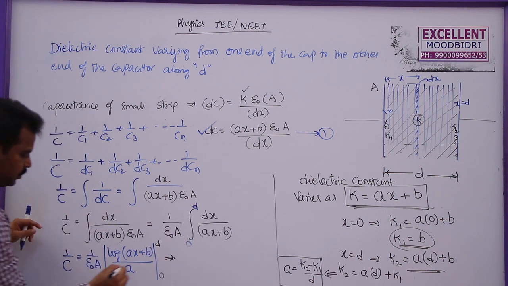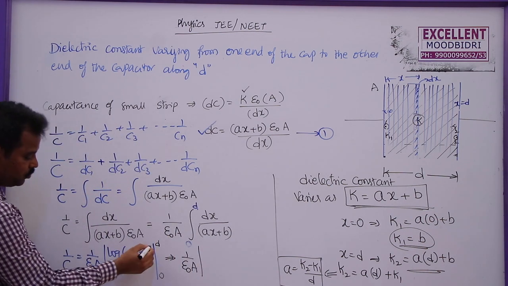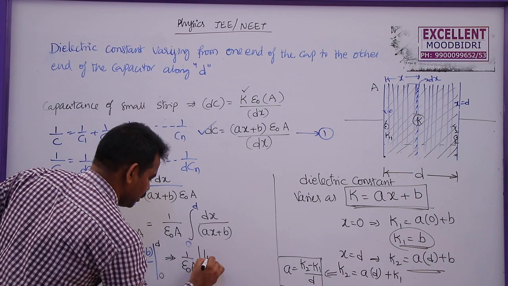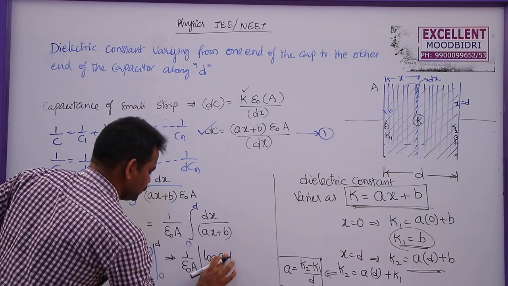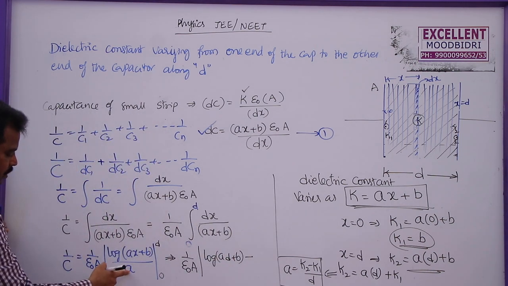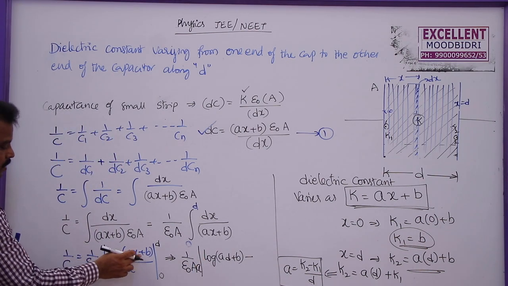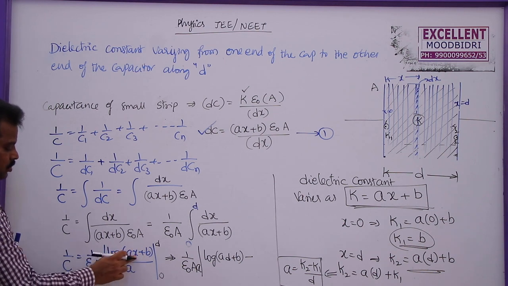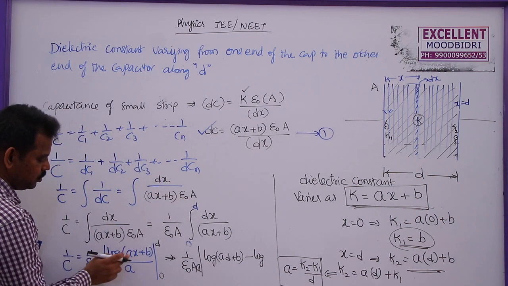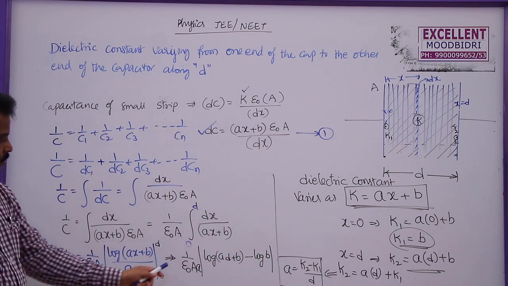You will get 1 by epsilon naught A, first substituting d in place of x, log of (ad plus b), minus, because I am taking a common, you can bring this a outside. Log of (ad plus b) minus log of (a0 plus b), that is log b, keeping 0 in place of x.